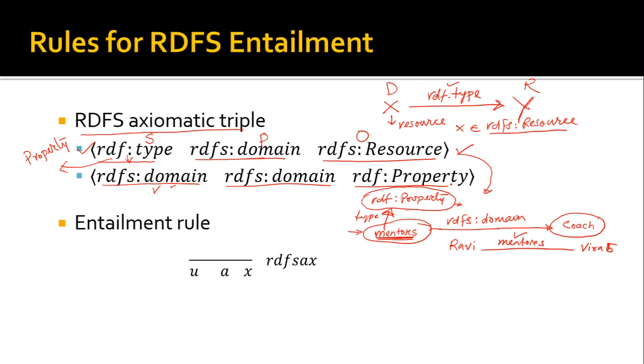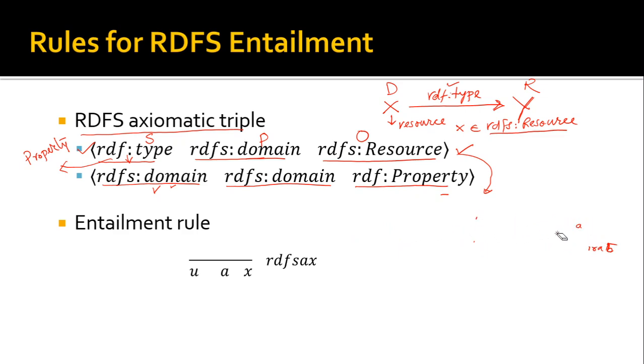So you have to be very careful in inferring this kind of statement about the vocabulary that we have got in RDFS and RDF. And as we have done earlier, to insert the axiomatic statements and assert them to be true always, we can use an entailment rule like this, where we don't have anything in the antecedent part, and you have these axiomatic triples in the consequent part, and these are called RDFS axiomatic triple rule.